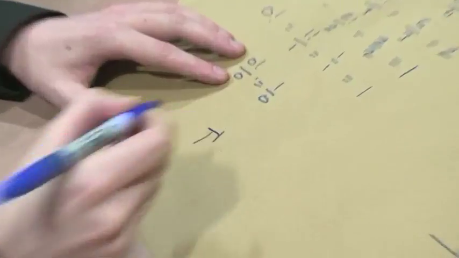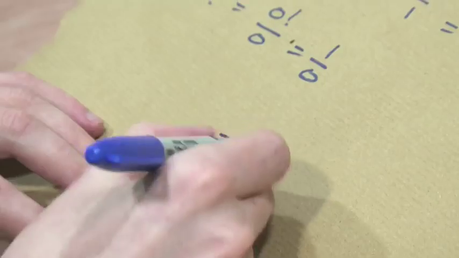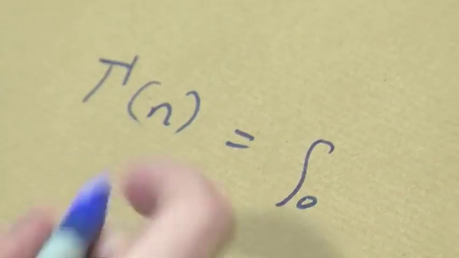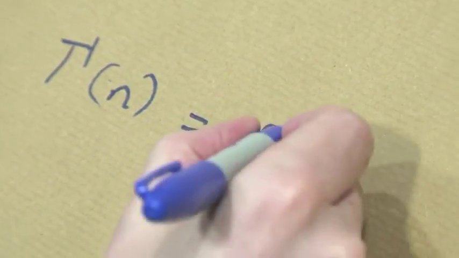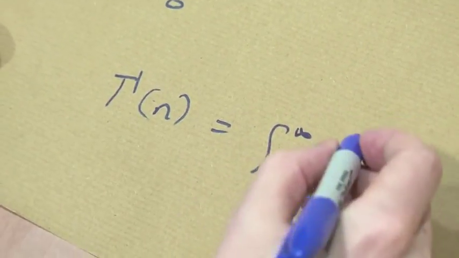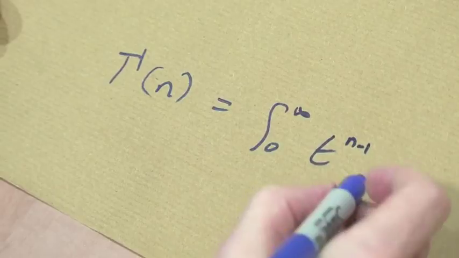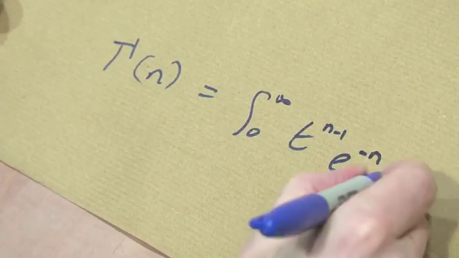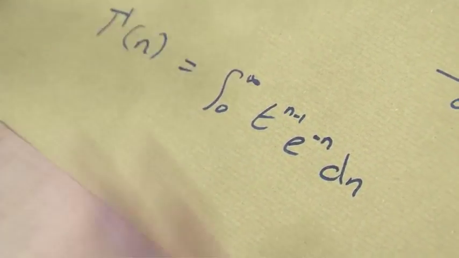So mathematicians have done that. They've generalized the idea. And there is the idea of 1.5 factorial. We call it gamma. That's the Greek letter gamma. The way we write it, now this is getting a bit more sophisticated, we say gamma of n is equal to the integral between 0 and infinity of t to the power n minus 1 multiplied by e to the power minus t, dt.